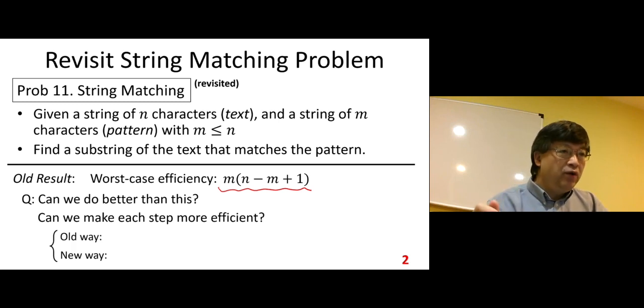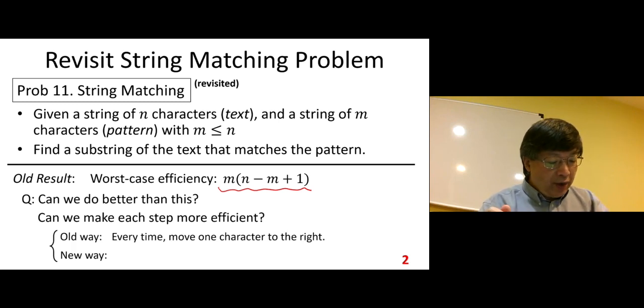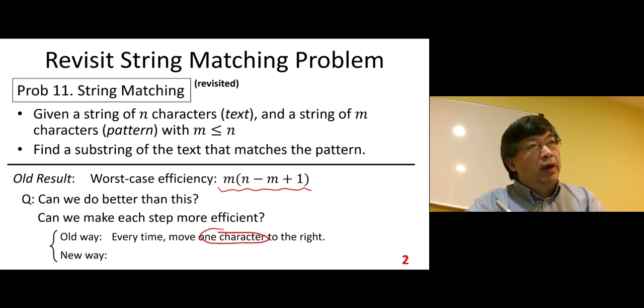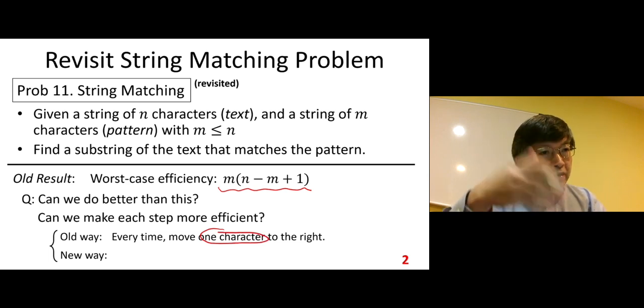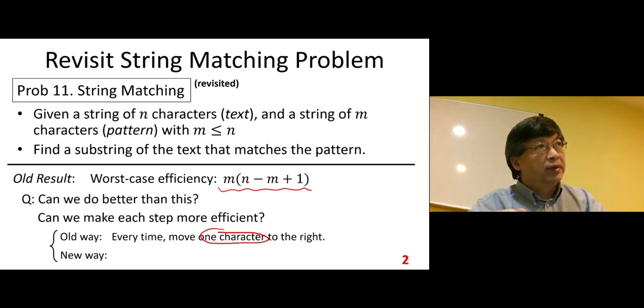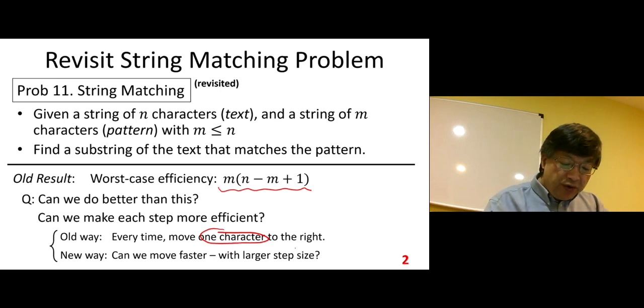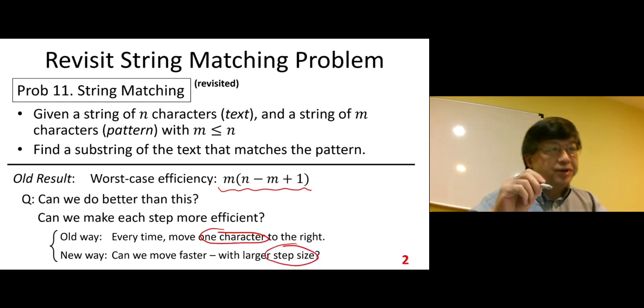So we compare the old way and the new way. The old way, every time, moves one character to the right. That is too slow. Is it possible we can move faster than that? For the new way, we want to do faster than that. We want to increase the step size.